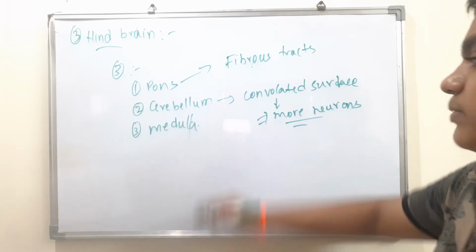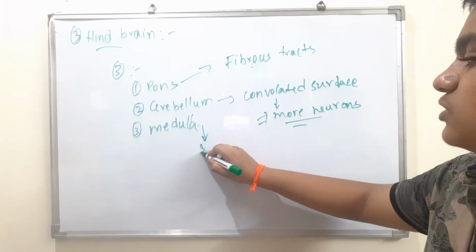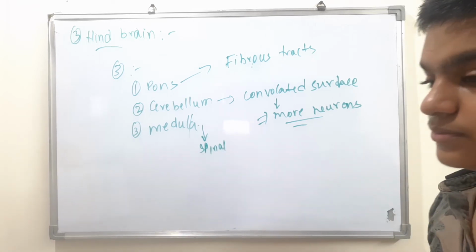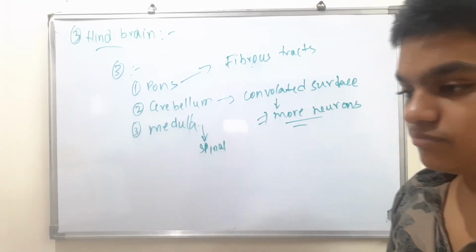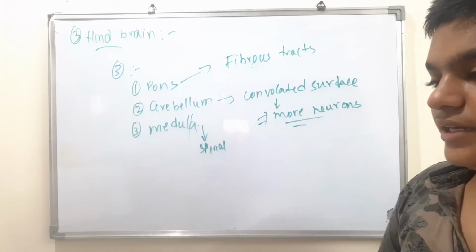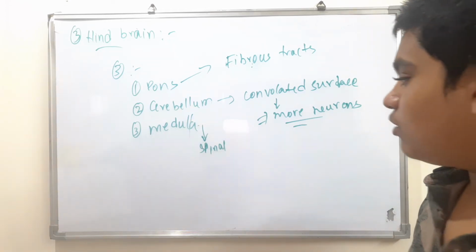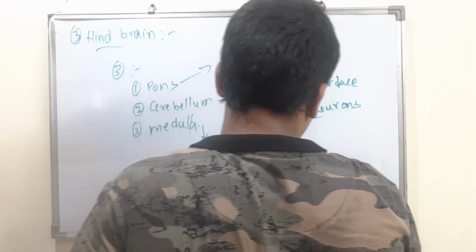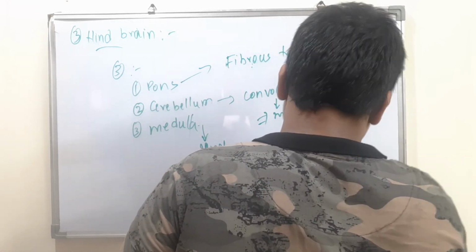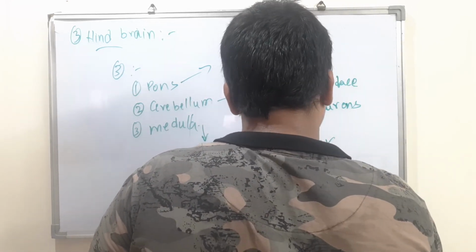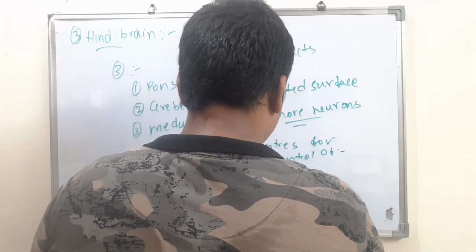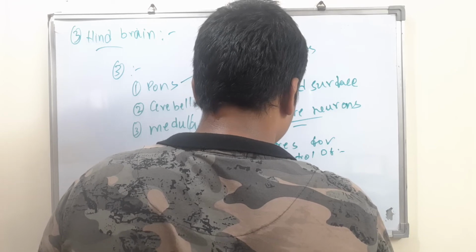Now coming to medulla oblongata, this is connected to the spinal cord. And this contains centers for control of, this is very important, the following. First one, respiration.